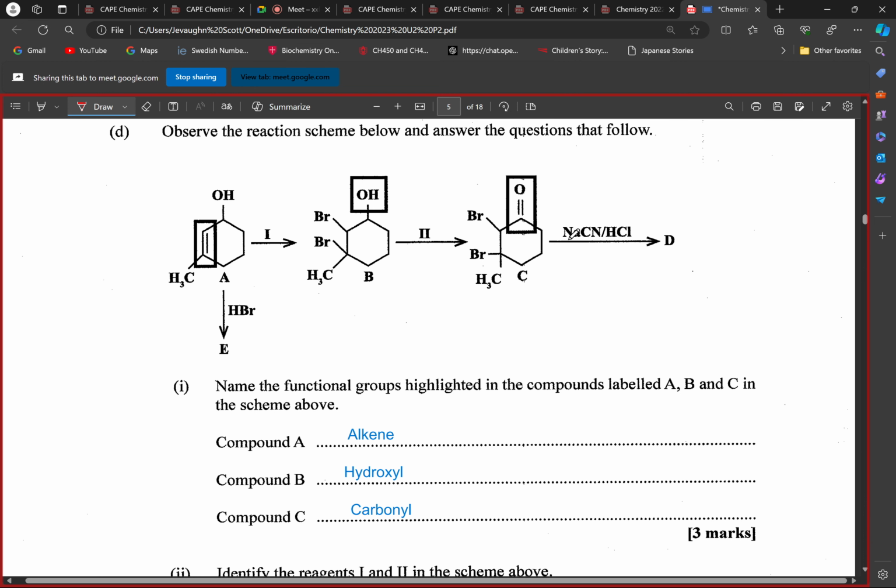Okay, so my idea is that the sodium cyanide in hydrogen chloride solution, or an acidic environment, is our nucleophilic addition reaction, right?